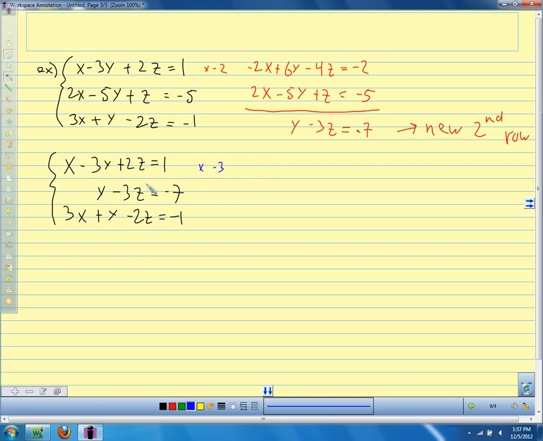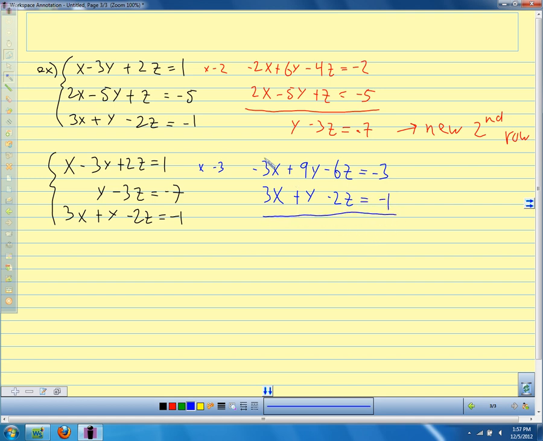And I'm going to rewrite those two equations over here. I get minus 3x plus 9y minus 6z equals negative 3. And I'm multiplying, and I'm going to add it to the third row: 3x plus y minus 2z equals negative 1.